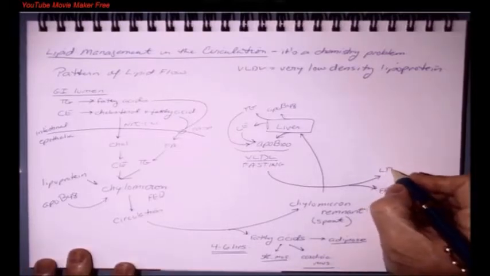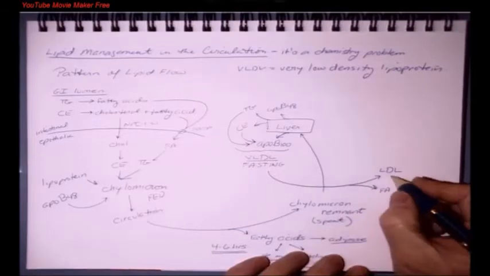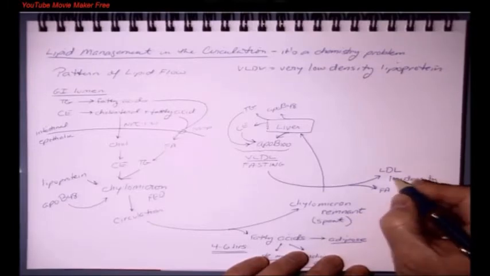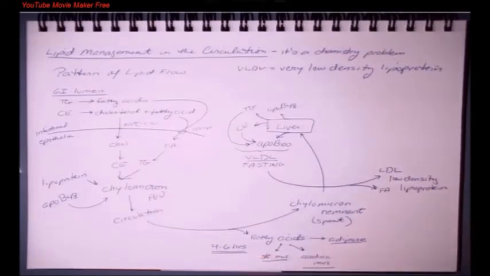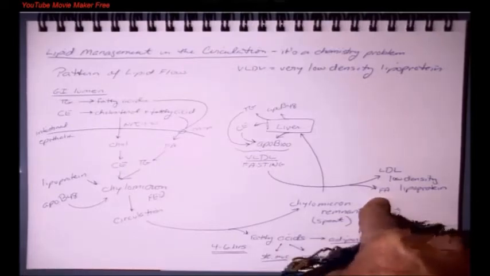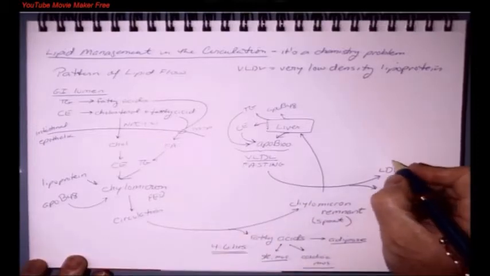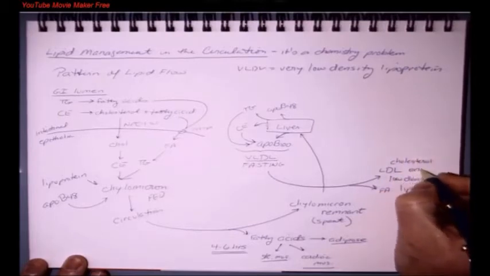Eventually, when you take a sufficient amount of fatty acids, this will become an LDL particle, low density lipoprotein. Now, the LDL particle has had so much fatty acid removed that it still has some fatty acid to it, but this is primarily cholesterol enriched.